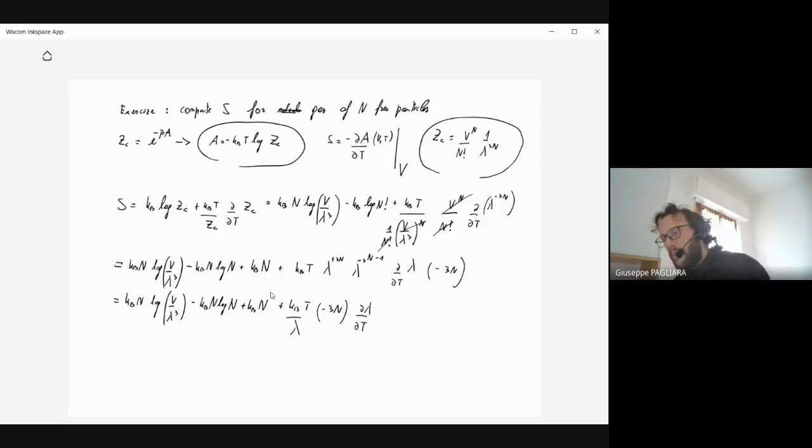Okay, I think I'm almost done. Here I just need to compute this derivative of lambda with respect to temperature, I think.